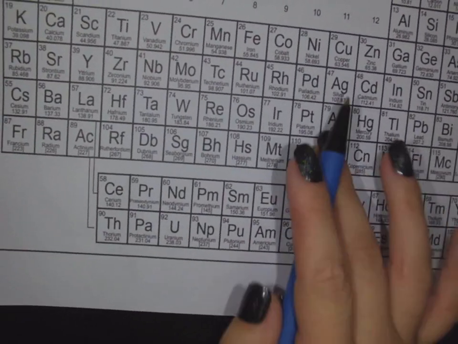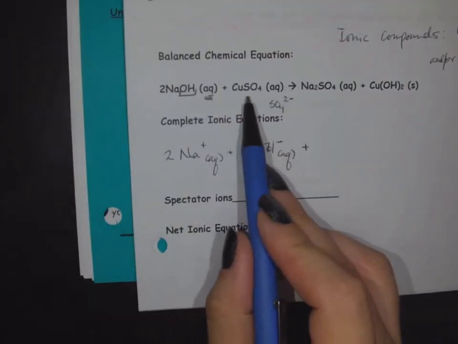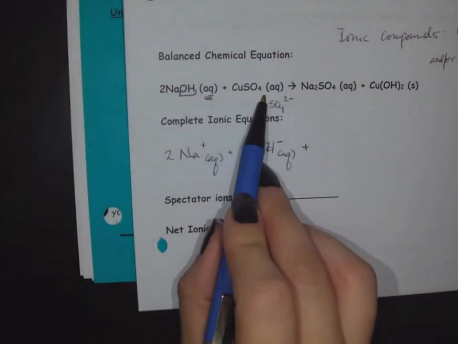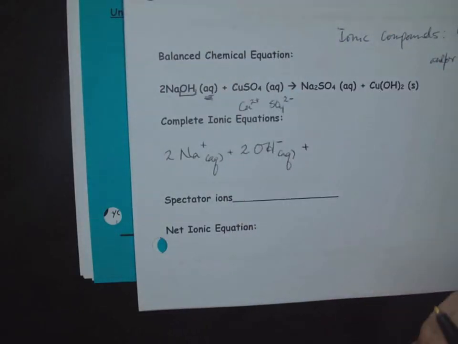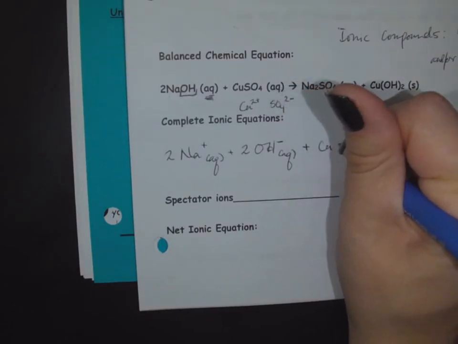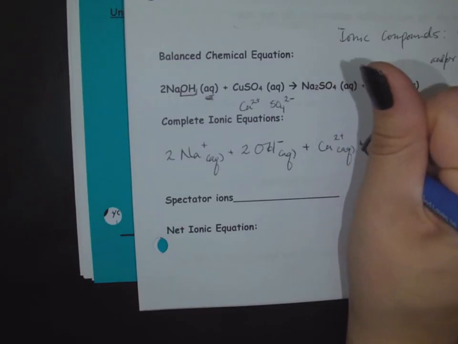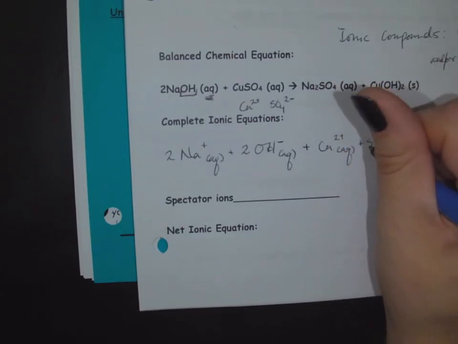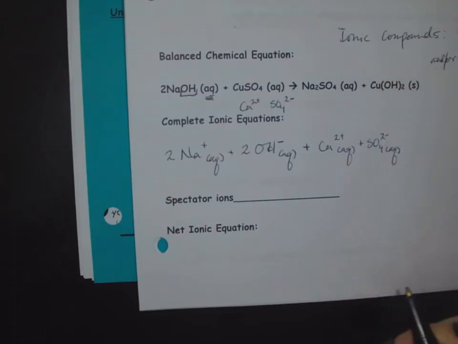It doesn't tell us what the charge is, but since I see that it's 1 copper to 1 sulfate, then the copper must have been a 2 plus. So we get copper 2 plus aqueous, and that separates from sulfate SO4 2 minus aqueous.